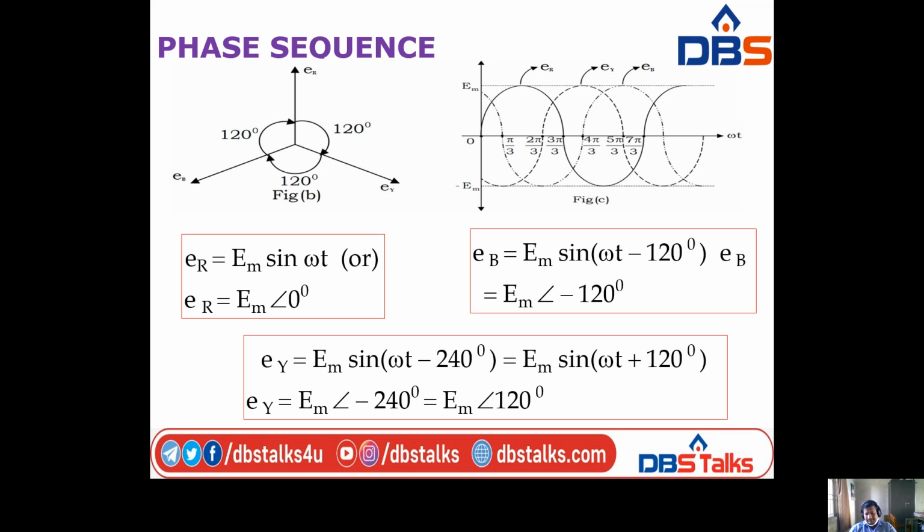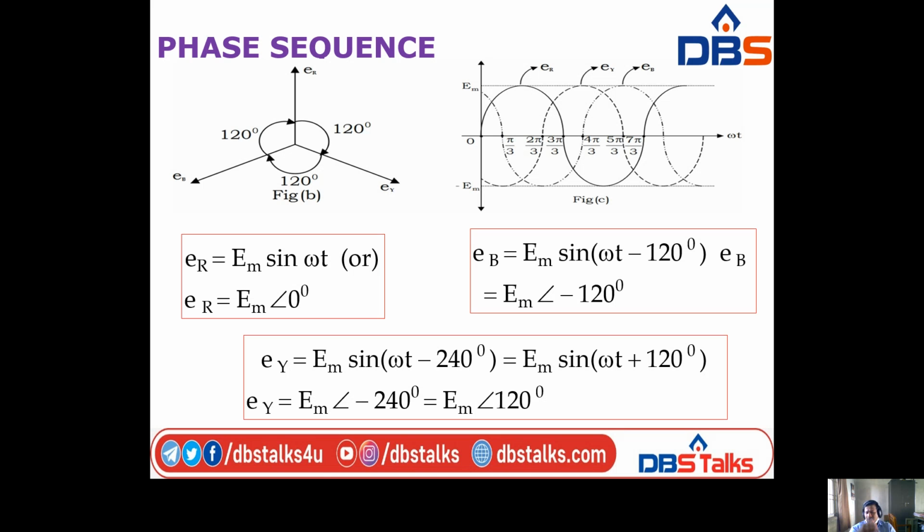So simply, the phase sequence is nothing but the order in which the phase voltages attain their maximum values. The phase sequence may be represented in clockwise direction, by using the waveform or by using the vector diagram. By using the waveform means, which voltage gets the maximum value first, that is the reference, followed by the remaining two.